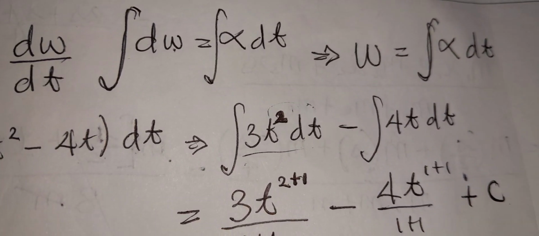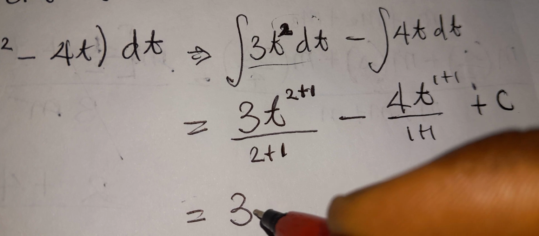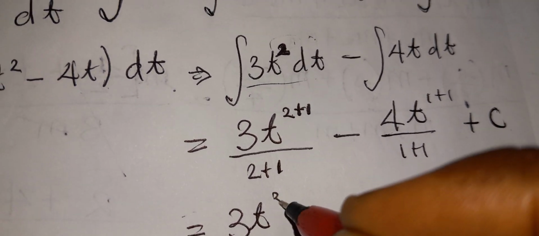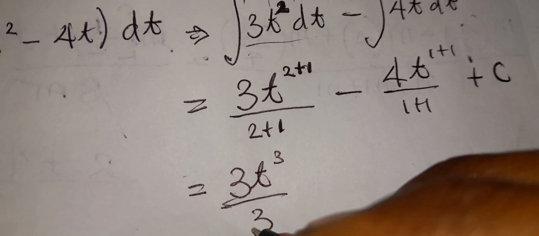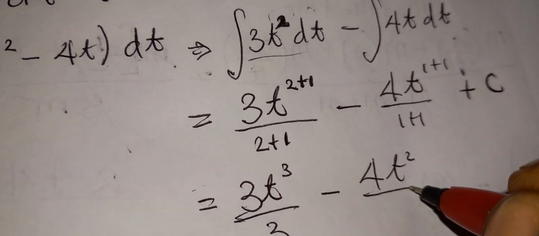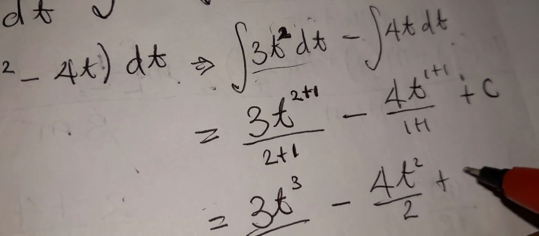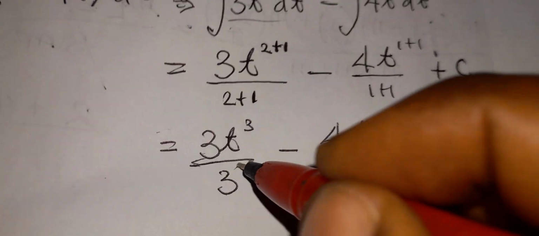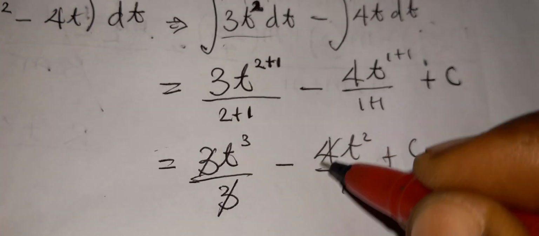So this now becomes 3t to the power of 3 over 3 minus 4t squared over 2 plus c. Here we cancel the 3 with 3, and 2 into 4 gives 2.